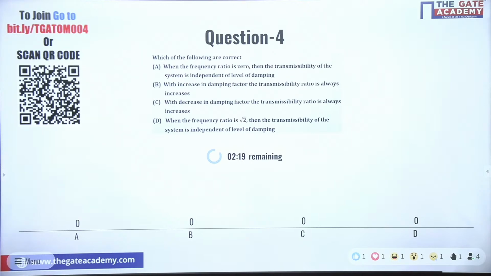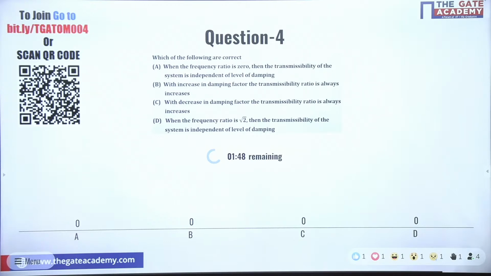Let's see how many of us can answer it correctly. Please read the question.